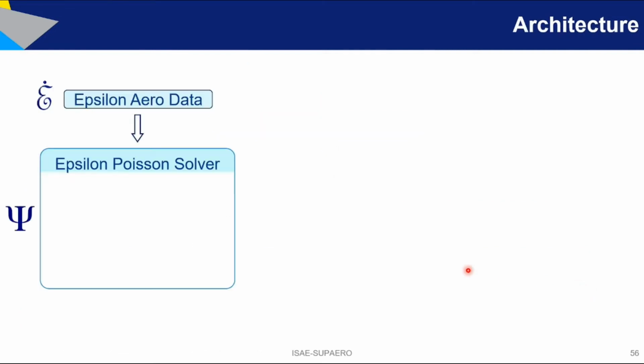So, Epsilon Poisson Solver, as I told you, is a filter that is applied to Epsilon data. And in order to understand what are the steps that have been made in order to achieve our objective, we have to understand first what's the data I have from Epsilon data.